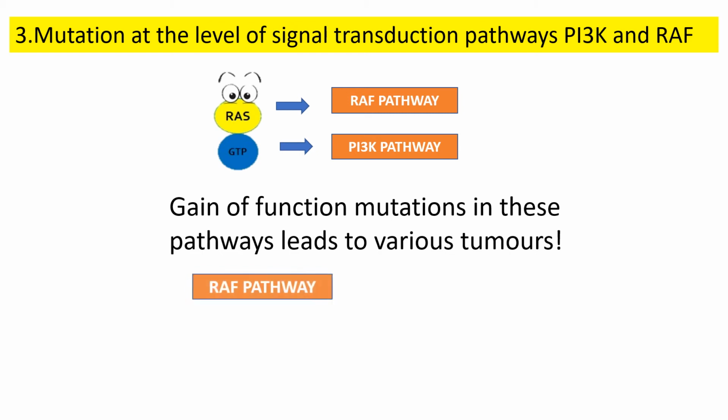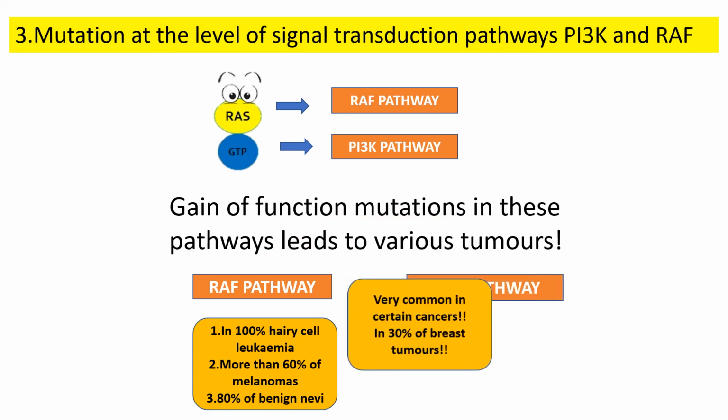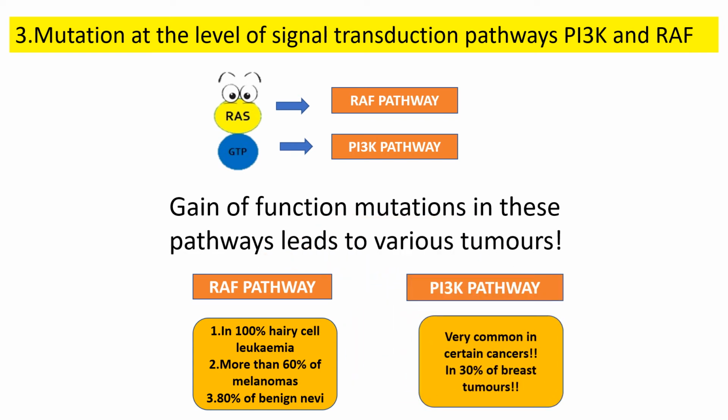Mutations in the RAF pathway are seen in 100% of hairy cell leukemia, more than 60% of melanomas, and 80% of benign nevi. Whereas mutation in the PI3K pathway is very common in certain cancers. In 30% of breast tumors, this mutation is seen.